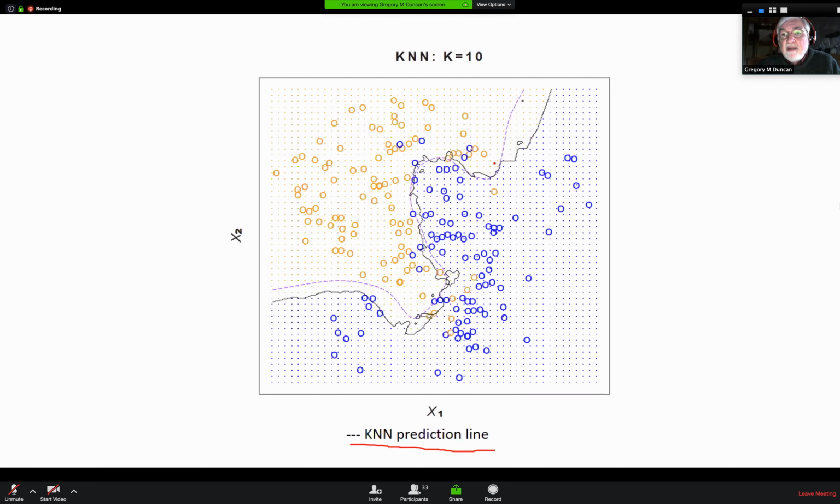Over here, it looks kind of bad. One of the problems is there aren't any observations over here. When you knew what the probability was, you could come up with the purple line. When you don't know it, it just says, well, there's nothing here, I'm going to kind of split the difference. So it's if you have lots of observations packed together that you're actually able to do a good job with KNN. Now, this is KNN equal to 10.